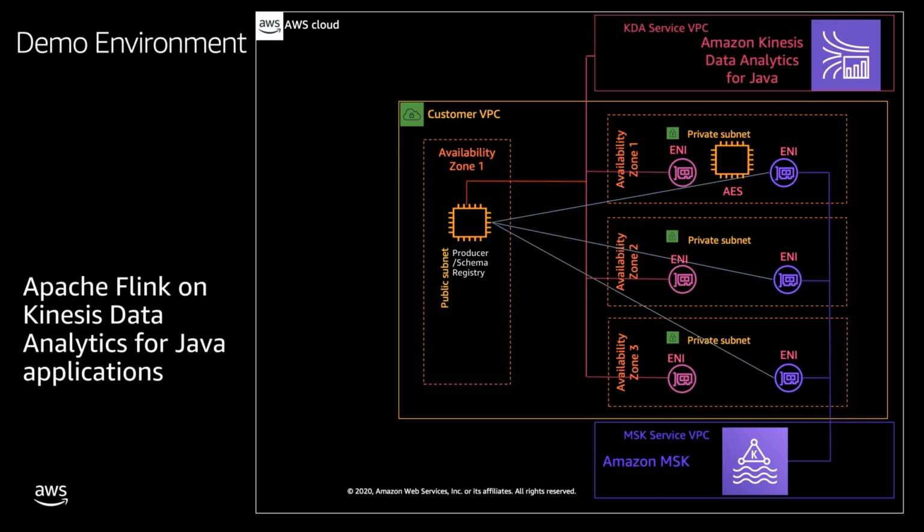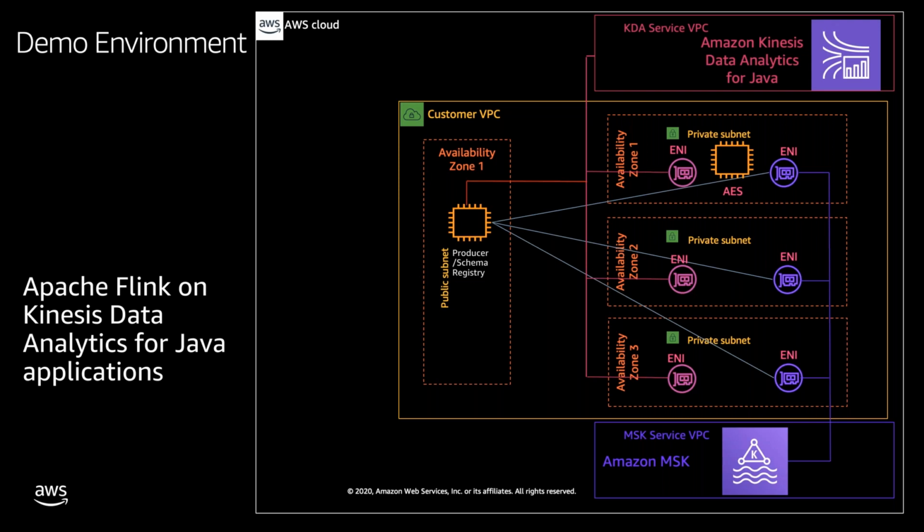One important thing to note here is the VPC connectivity for the KDA for Java app. This is provided by the ENIs, Elastic Network Interfaces, dropped by the service in the private subnets as shown. Since the producer sends Avro encoded messages to Amazon MSK, the Apache Flink KDA app requires access to the schema registry running on the EC2 instance, which is also provided by those ENIs.